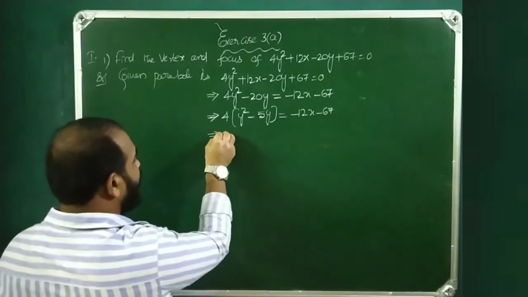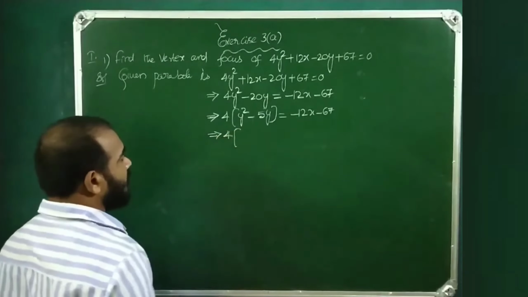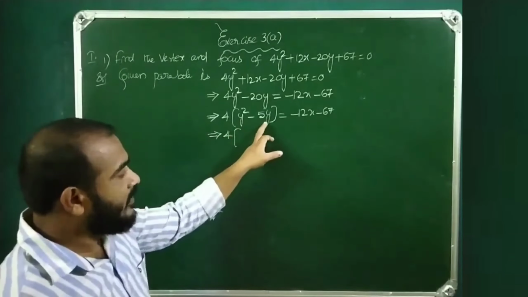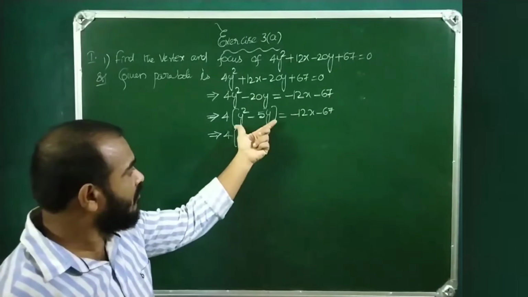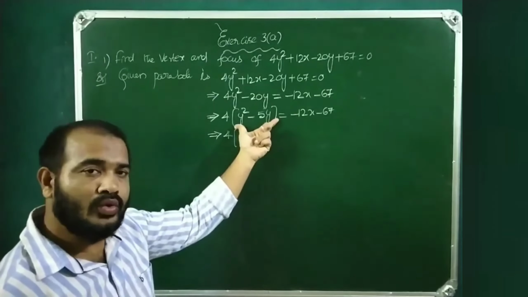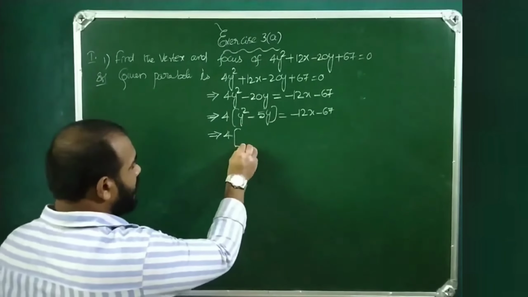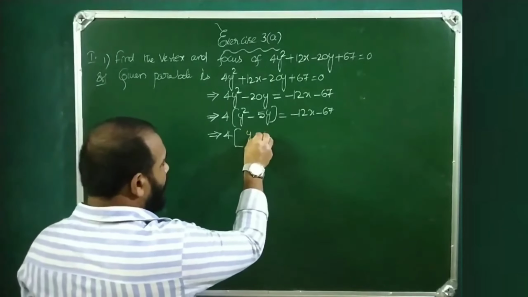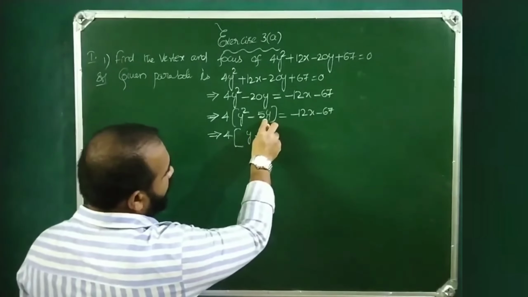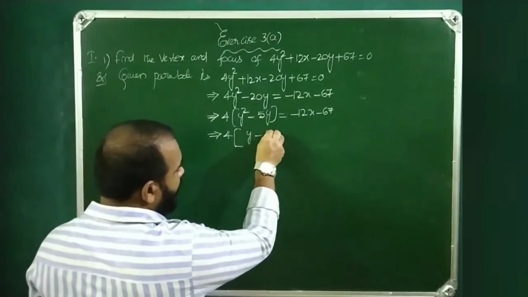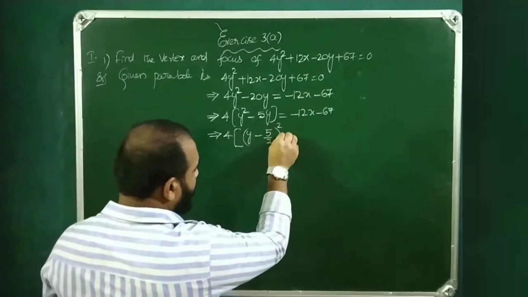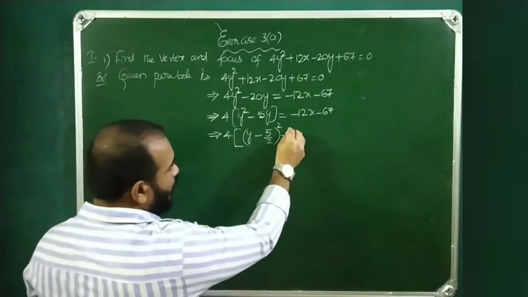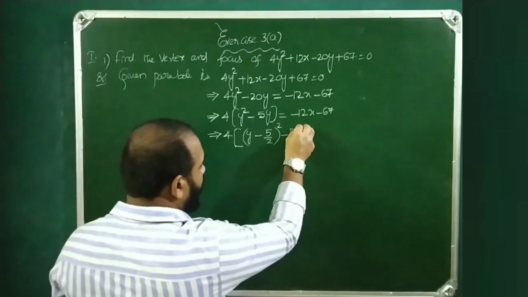Now, this is a square minus 2ab plus b square; I want to convert this into a minus b whole square. So for this, y minus, the coefficient of y is 5, its half I will take here and complete the square: y minus 5 by 2 whole square, 25 by 4.